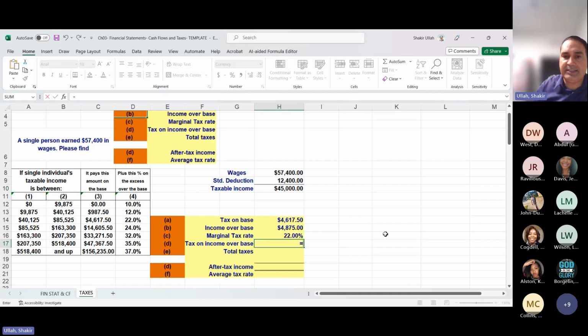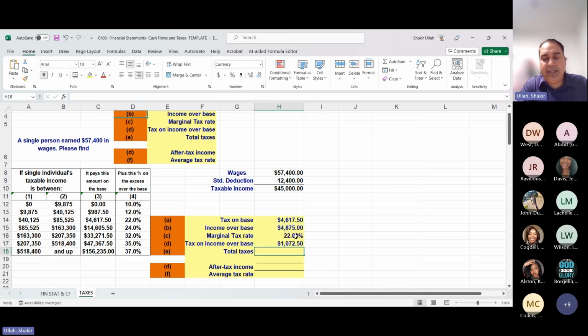So the total tax on this additional income would be 4,875 multiplied by 22%. So he will be paying an additional $1,075.50.